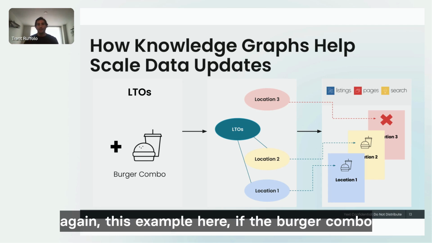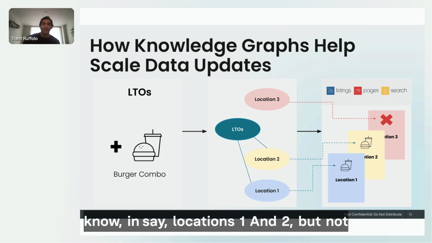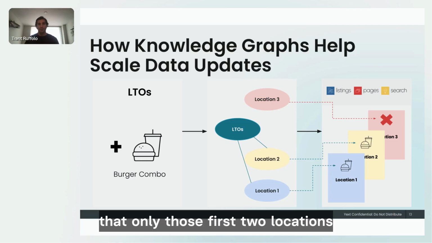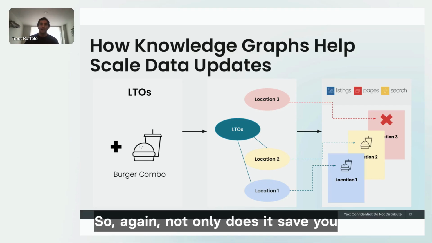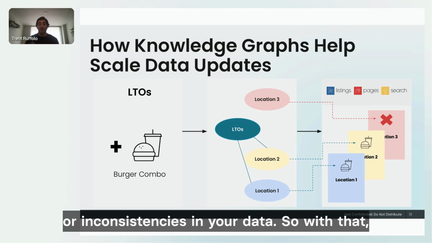So, again, in this example, if the burger combo that I was offering is only available, say, at locations 1 and 2, but not at location 3, well, that knowledge graph ensures that only those first two locations are going to display the new item, while location 3 is going to remain unchanged. So again, not only does this save you all a massive amount of time, but it's also going to significantly reduce the risk of errors or inconsistencies in your data.